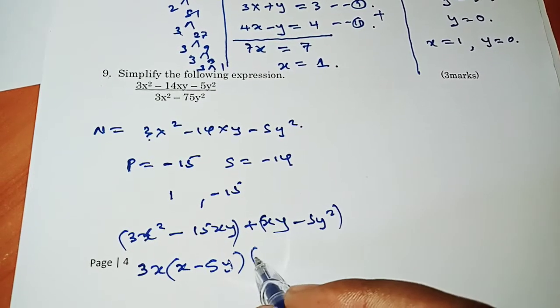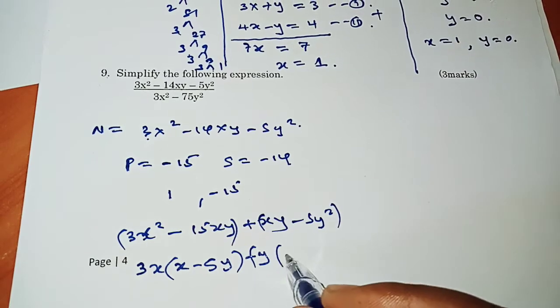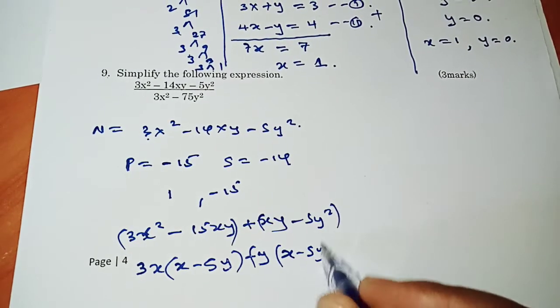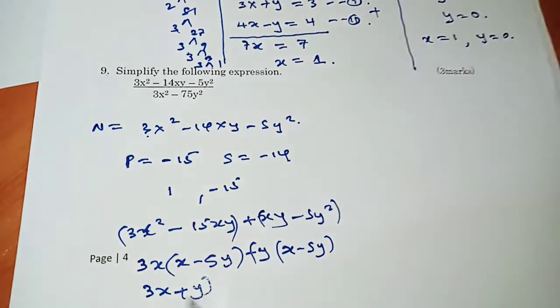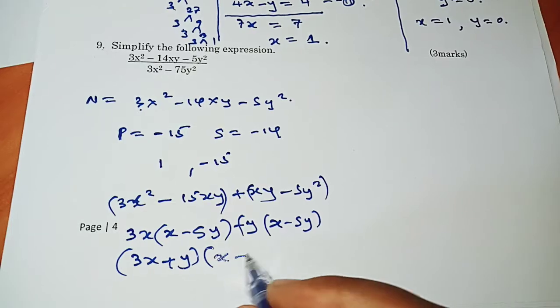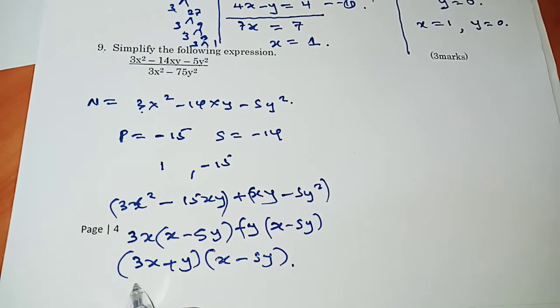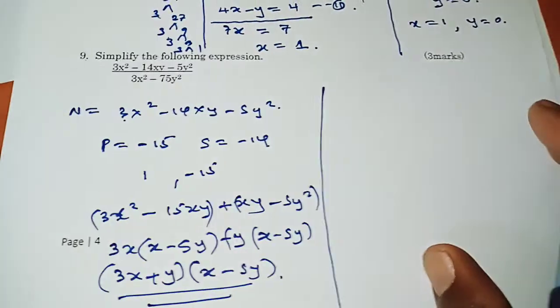Then we have, okay, plus what's common here, it's y. We have x minus 5y. So we have 3x plus y, and we have x minus 5y. So these are the factors of the numerator, right? So I'm running out of space here.